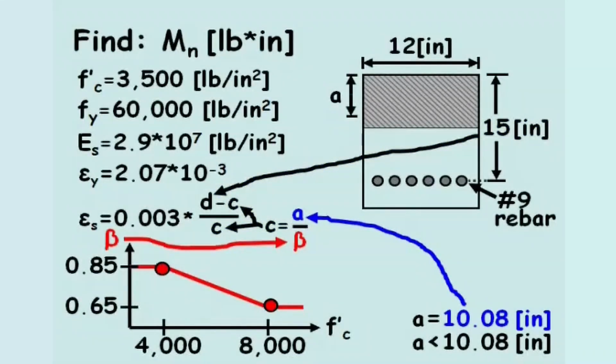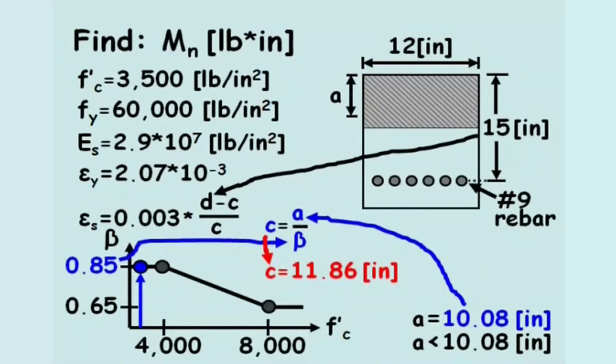Since the concrete compressive strength is 3,500 pounds per square inch, this value falls in the region where beta equals 0.85. Plugging this value in for beta and 10.08 inches in for A, the value of C equals 11.86 inches.